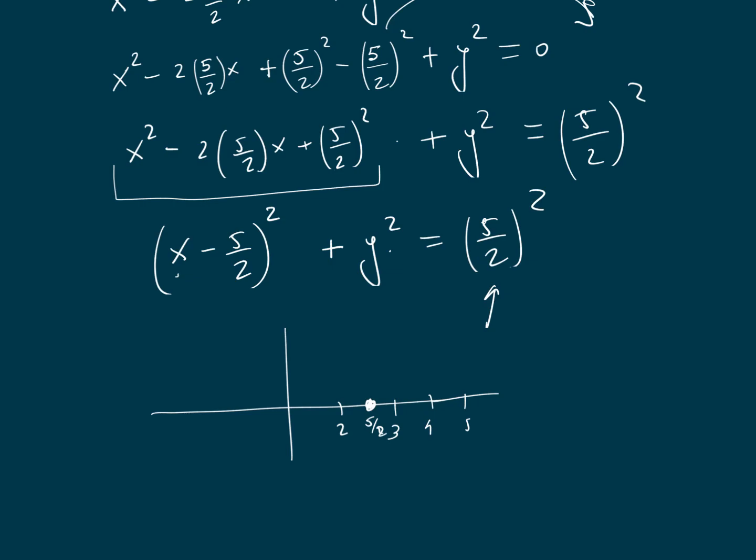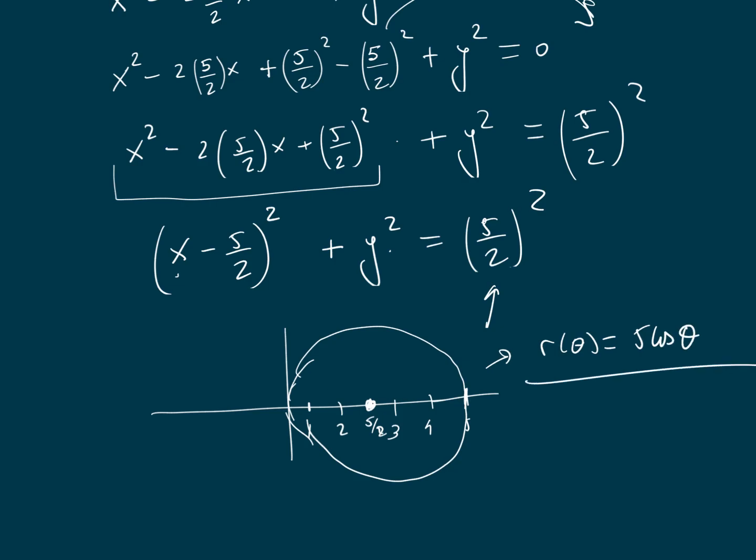So if this is 2, this is 1. 5 divided by 2 multiplied by 2 is 5, so the circle would be something like this. So this is r of theta equals 5 cosine of theta.